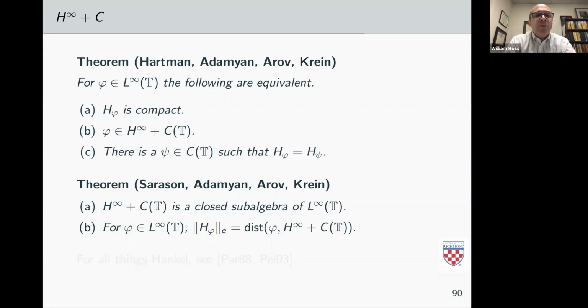There's a lot more to say about H infinity plus C, and I'm definitely not doing it its proper justice. If you're disappointed with the thin sliver of Hankel operators I cover, I'll refer you to two books, one of Jonathan Partington and one of Vladimir Peller, that are thorough treatments of Hankel operators.